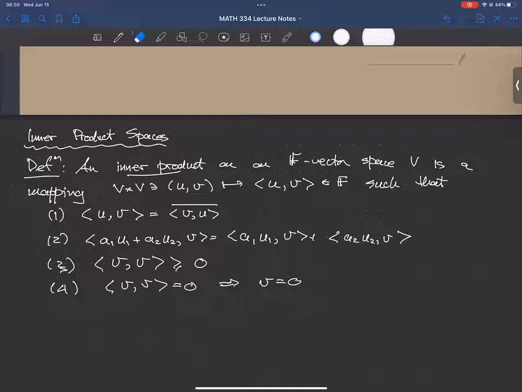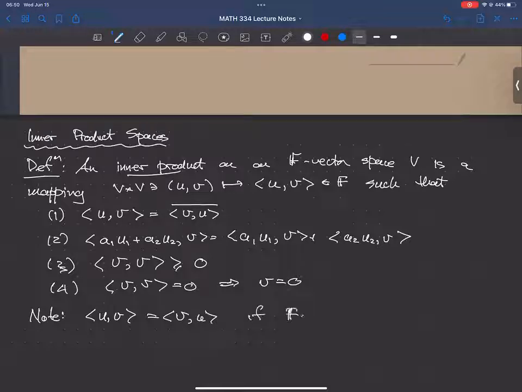All right. So again, we have this symmetry when the scalar field is R. And what about scalar multiplication in the second entry?